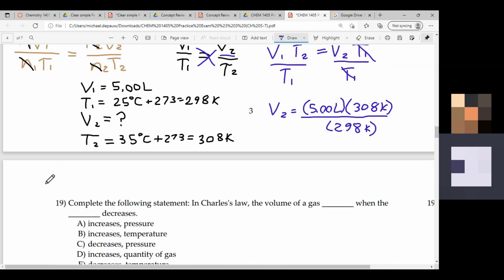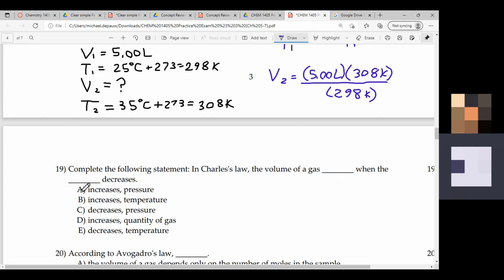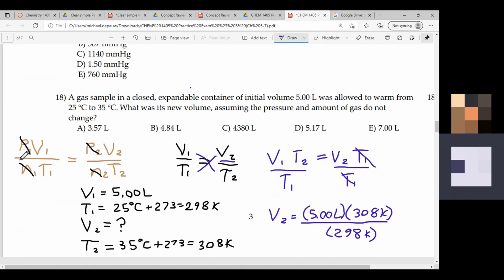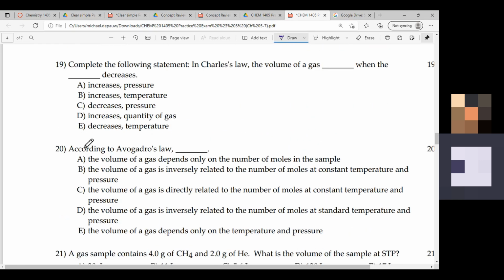But see, here's the thing: as long as you know that Charles' law is about volume and temperature, you can kind of figure it out. Well, if I increase the volume, what happens to the temperature? It increases as well. So the volume of a gas increases when the temperature increases, or it decreases when the temperature decreases. Whatever happens to the one happens to the other. Answer E.